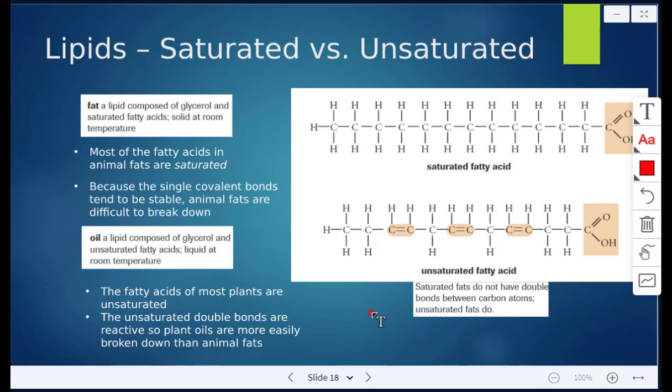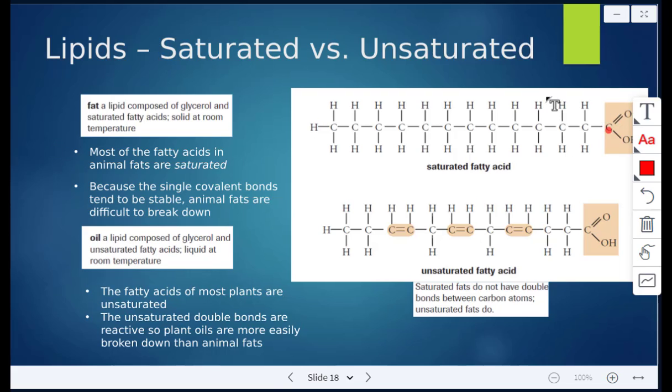All right, so lipids, which are fats, there are 2 categories: saturated versus unsaturated. A saturated fat is composed of glycerol and saturated fatty acids and is solid at room temperature. Most of the fatty acids in animal fats are saturated.